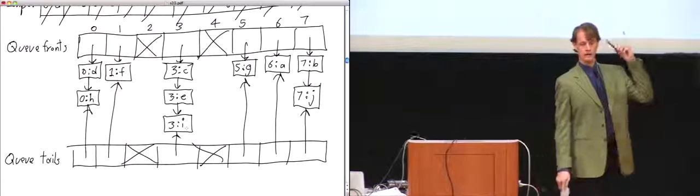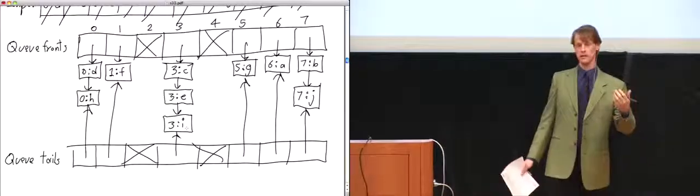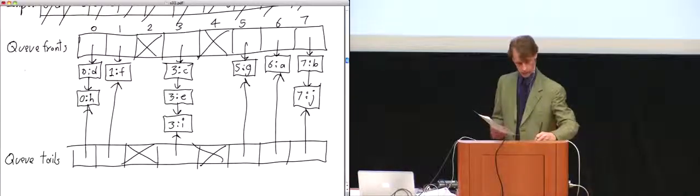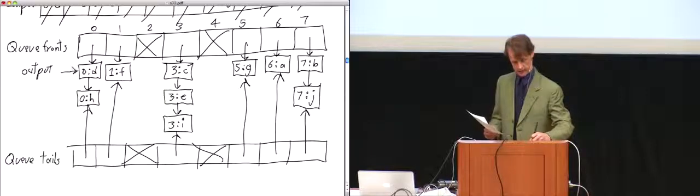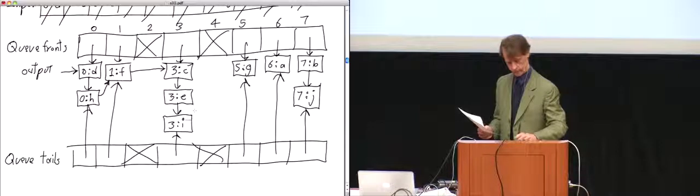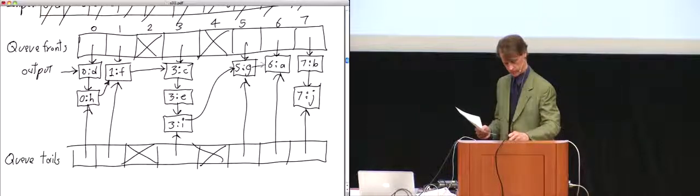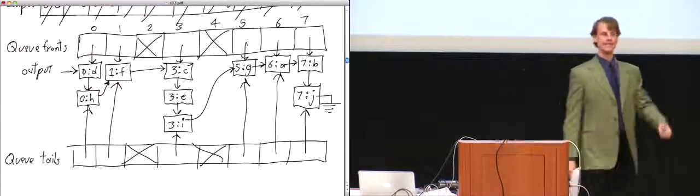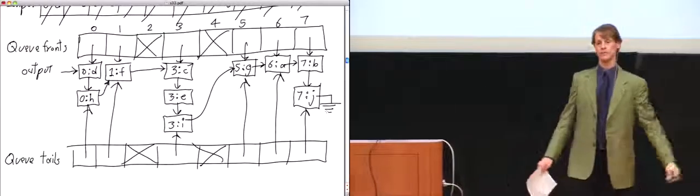So now we're done with the first part of bucket sort. We've put each key into its proper bucket. And now to get the output, we're just going to take all these linked queues and concatenate them together into one big queue. And that linked list will be our output.